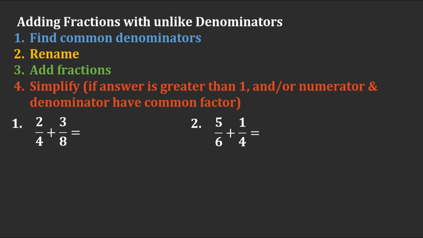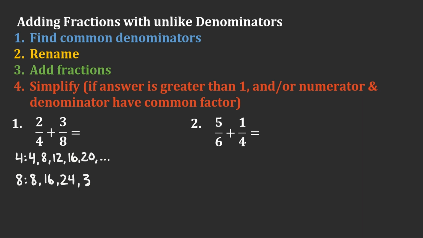When we're first starting out, the easiest way is to just list multiples of each of our denominators. Multiples go on forever and ever, so 4 or 5 will do just to give us a sample to work with. So there's the multiples of 4. Here are some multiples of 8.